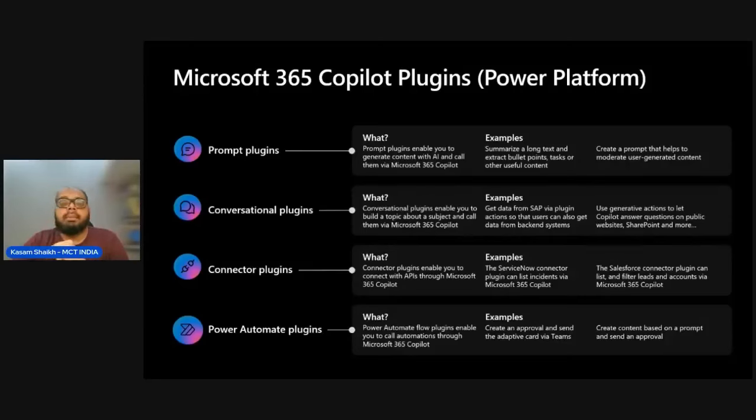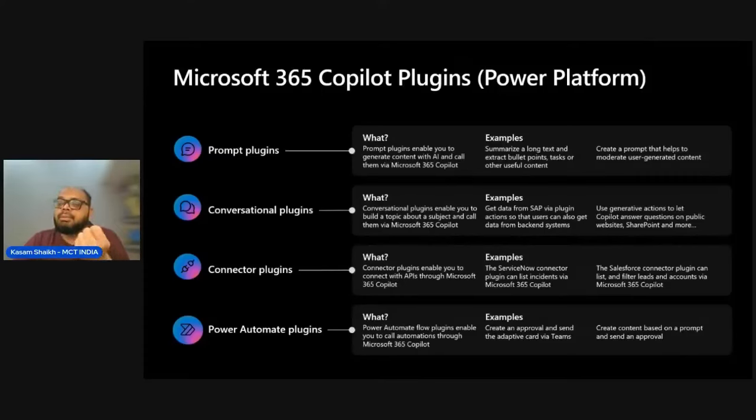Maybe it's prompt plugins, which are part of AI Builder, to generate content with AI, like summarizing long blocks of text or extracting tasks. There are conversational plugins that enable you to build the topic which we discussed and call that via Microsoft 365 Copilot to do things like get data from SAP and other backend systems via an action.